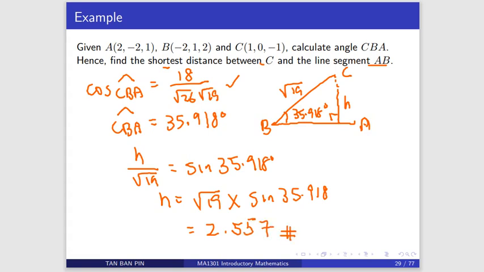So that's the final answer. So after you know the angle between vector BC and BA, you can use it to find the shortest distance by considering the appropriate trigonometric function. In this case, you consider sine of the angle 35.918. It will give you h over square root 19, and then you can find h, the shortest distance between C and the line segment AB.